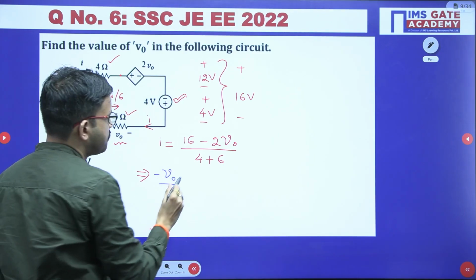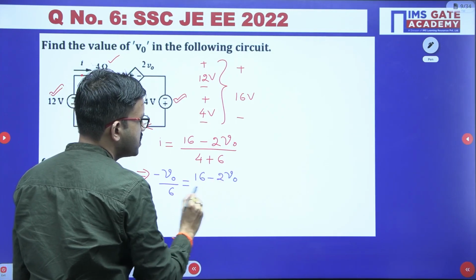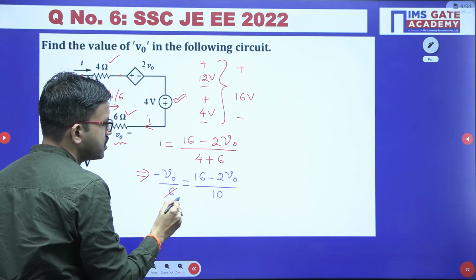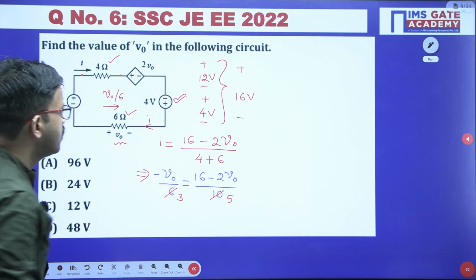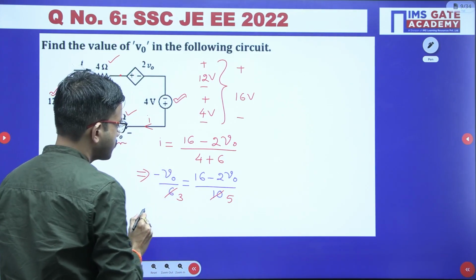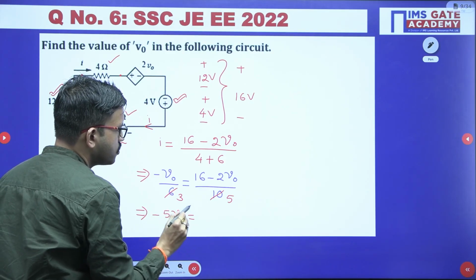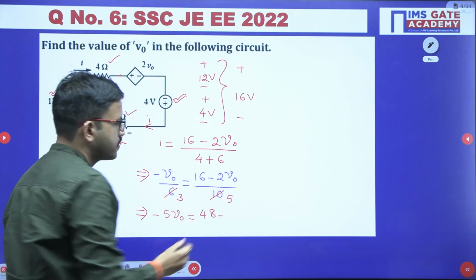So here, 16 minus 2V0 divided by 4 plus 6, which is 10, equals minus V0 by 6. 2 3s are 6, 2 5s are 10. You can do the cross multiplication. So from here you will get minus 5V0 is equal to 3 16s are 48 minus 3 2s are 6, 6V0.